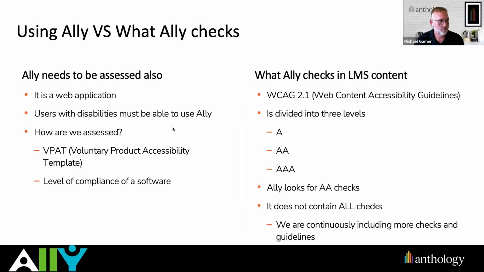So we do run through VPATs for accessibility for Ally, and make sure that it is accessible for our end users. And I did share one of the checklist URLs that talked about how Ally checks and what it checks against. But really, Ally does check against, as I mentioned, the 2.1 standards. We're working through additional standards as they're made available.